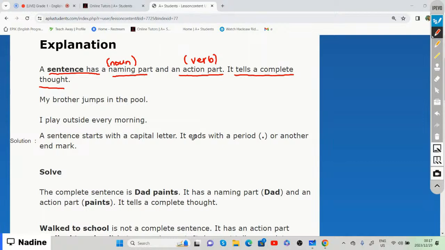And we made an example of "my brother jumps in the pool," all right? So "my brother" being the naming part and "jumps" being our action part. The same with "I play outside every day," "I" being the naming part and "play" being our action part.